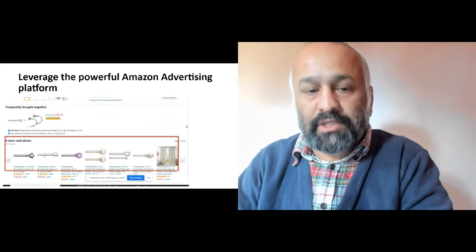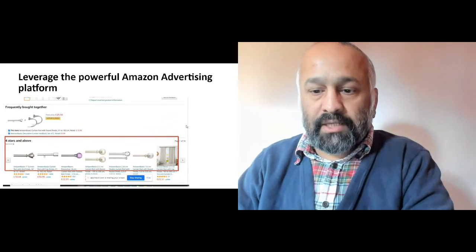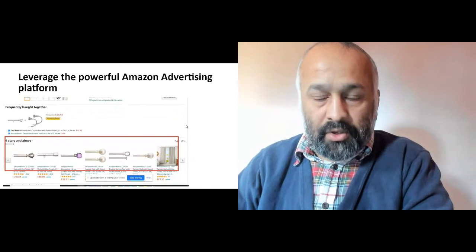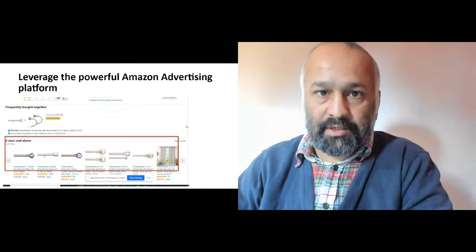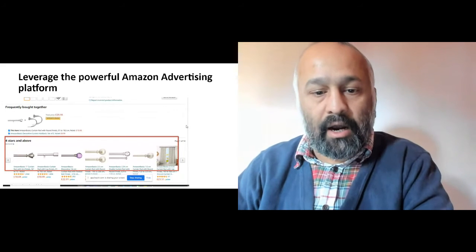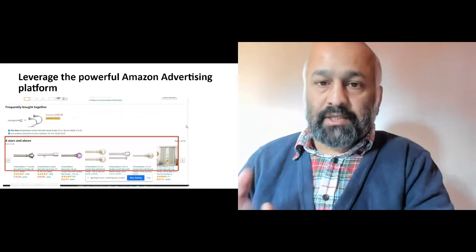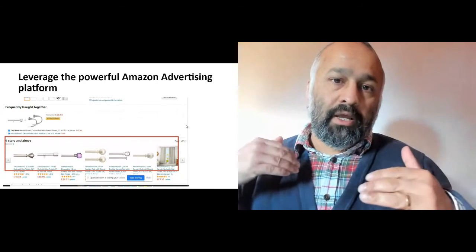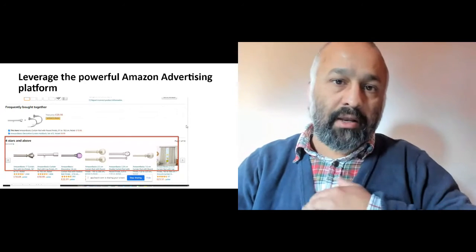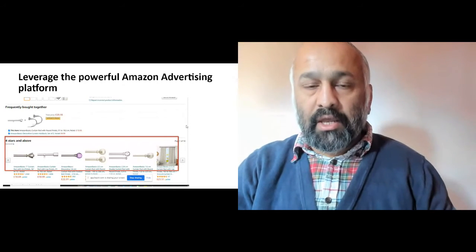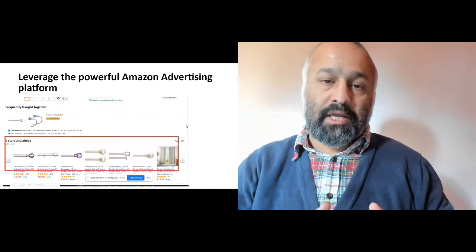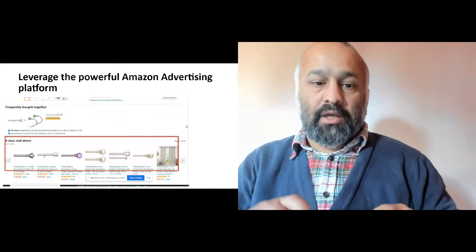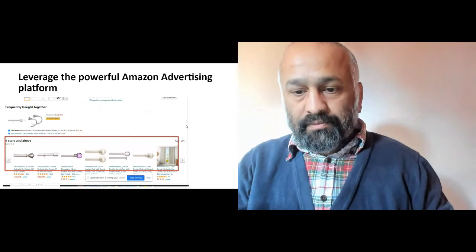There's another interesting part of advertising, which is called ASIN targeting or product targeting. With this, you can target a competing product. You can say, I want to appear against product A or B or C. You can populate the list and add it into your advertising account, and you'll be targeting your product against them, and they will appear, as you can see on the screen, like a sponsored related product.